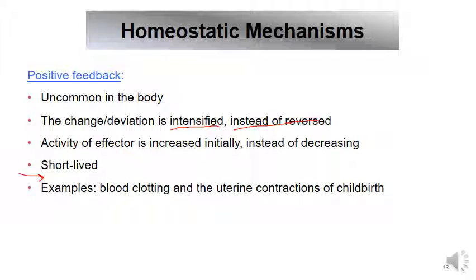So because here platelets are increasing more and more, this is considered positive feedback. So again, intensified or increased. And then during childbirth, contractions increase more and more and more because the hormones are increasing. And so because again, it's increasing, it's considered positive feedback.